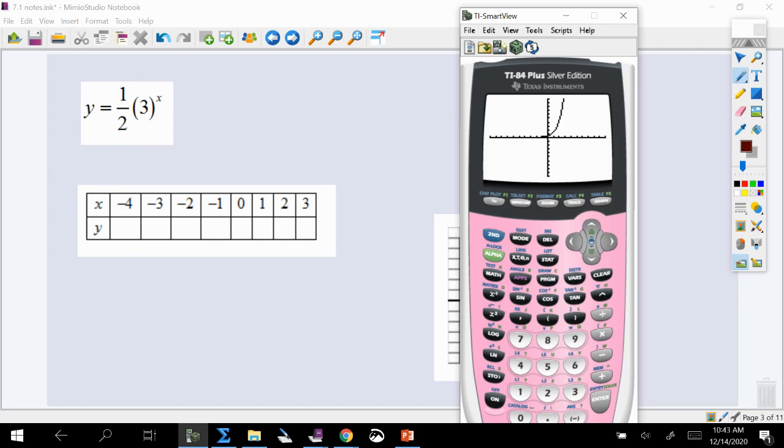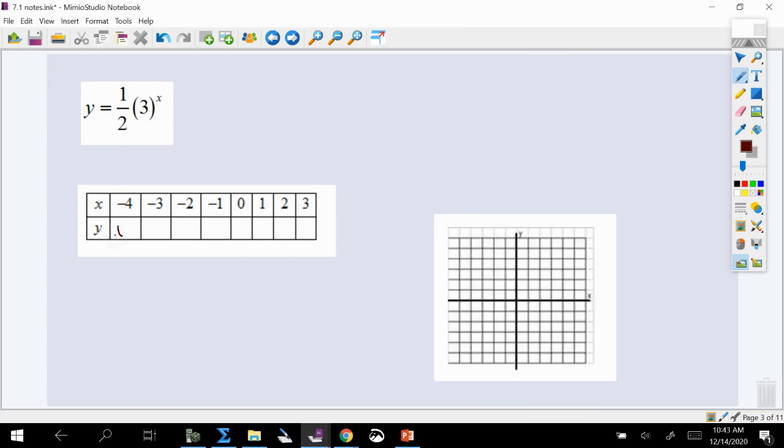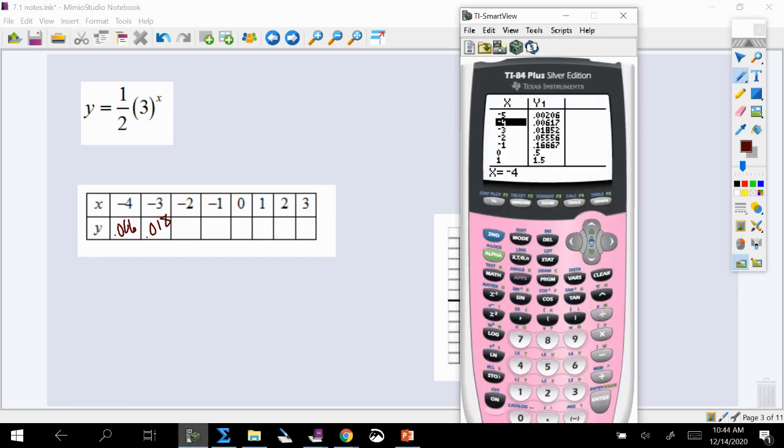When I go to my table, if I go to second graph, I'm going to actually scroll up a little bit so I get all my values. So I want to put in -4, so that would be 0.006, and then 0.018, 0.055.